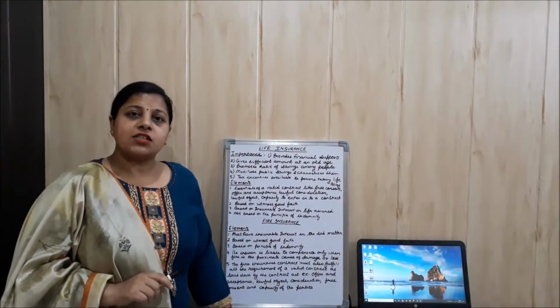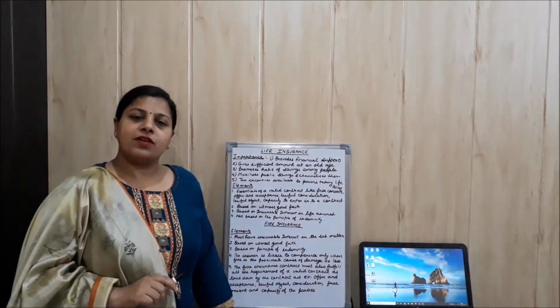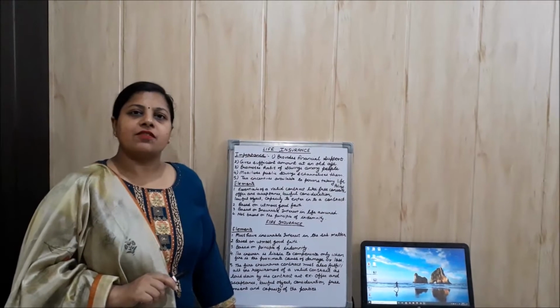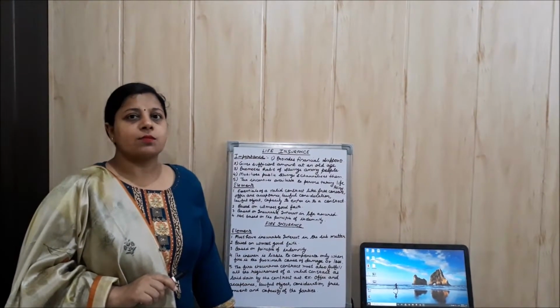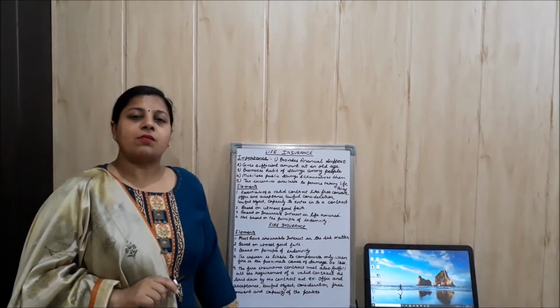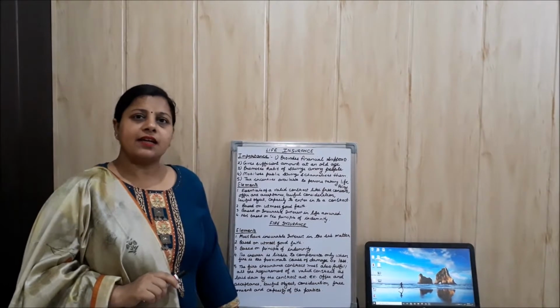So compensation will be paid by the insurance company either at the time of death or at the expiry of the period, whichever is earlier. Suppose the person dies after 8 years, then his family member or nominee will get compensation after 8 years.